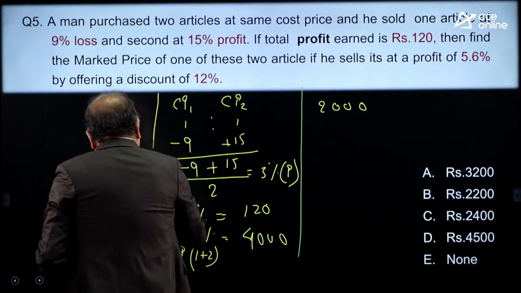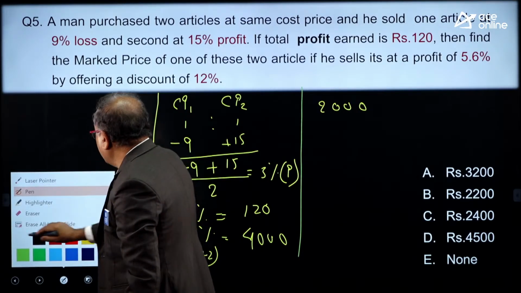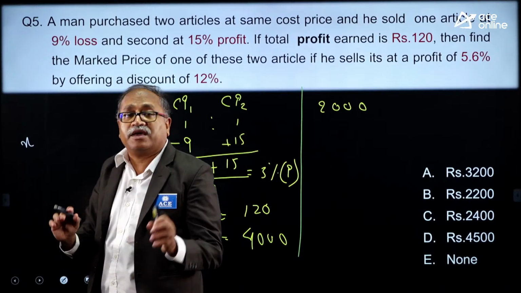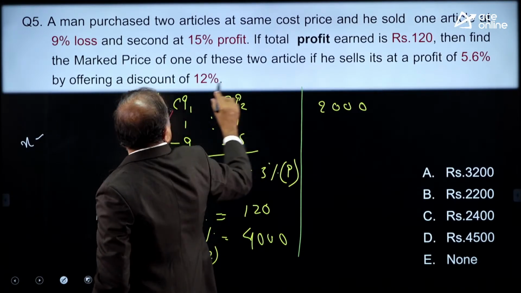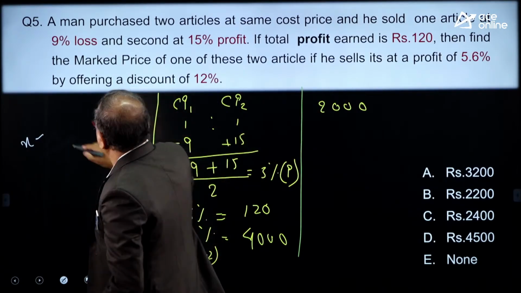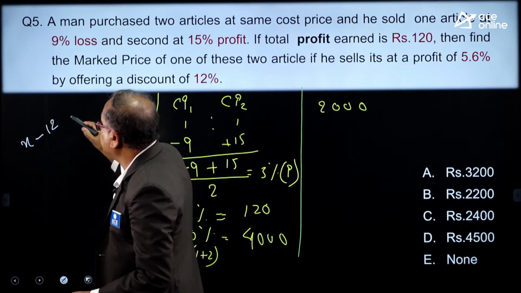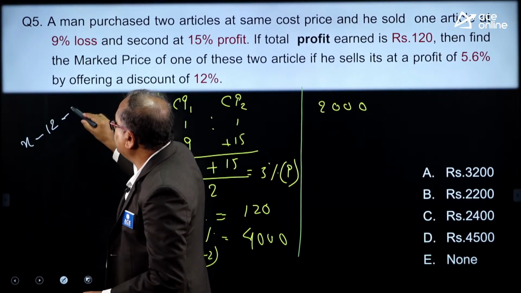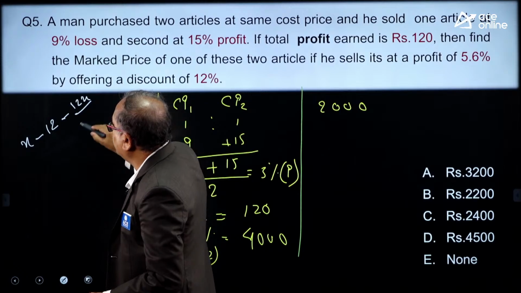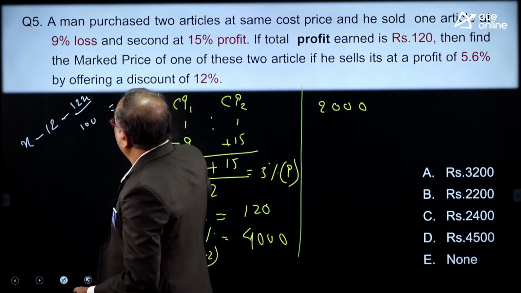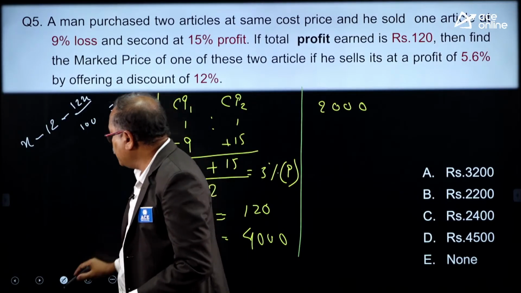So please work out this part. I do not know what the markup is, so let us consider it x, and minus the discount. The discount is 12%, so let us write x minus 12x by 100, which is equal to 5.6, already given to us. So I can find the value of x here.